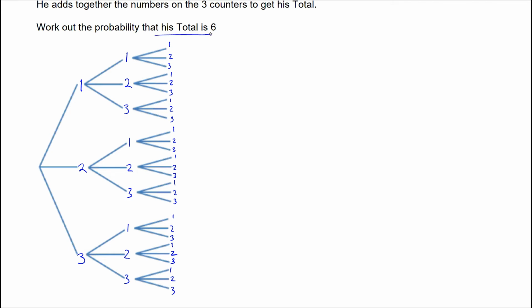So from this tree diagram, I'm going to check which branches give us a total of 6. This one is not giving us a total of 6. This one is not. This one is giving us a total of 6.